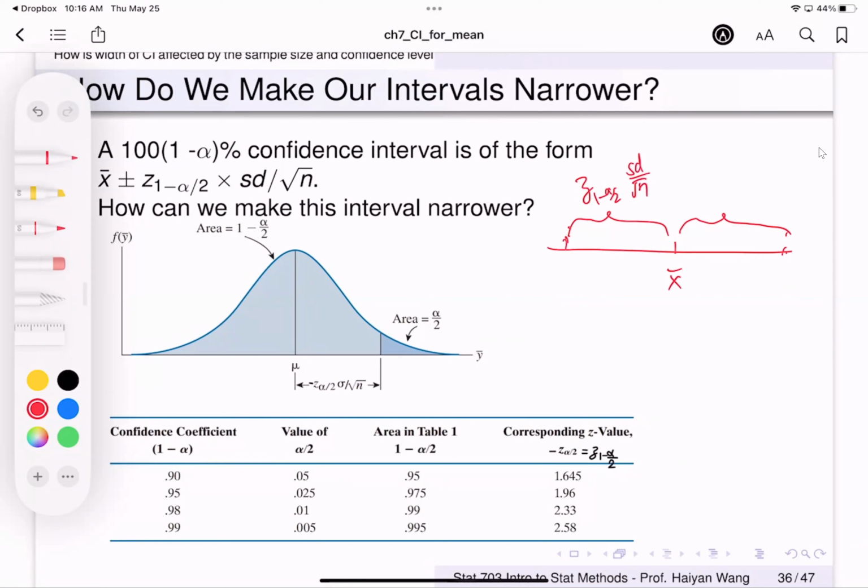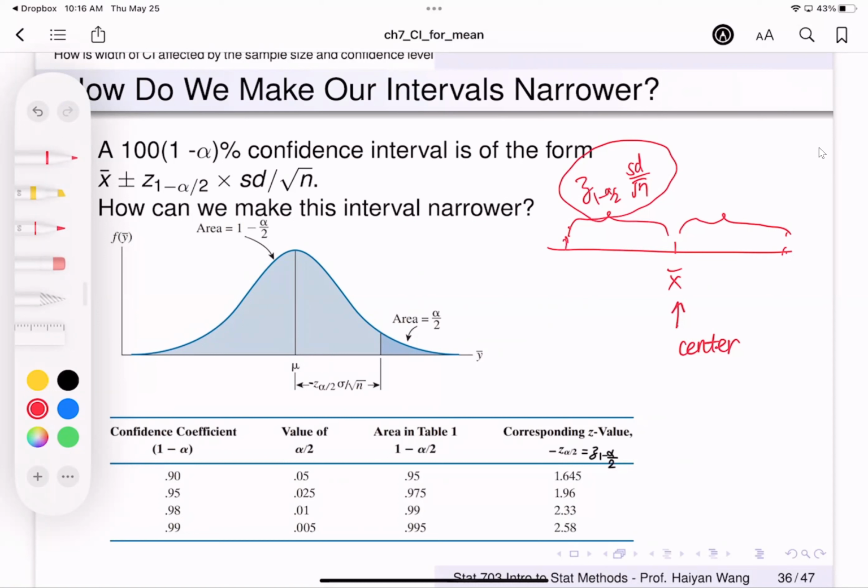Since the center is always staying as the average, if we want to make it narrower, we need to shrink this part. This term involves three quantities: the percentile z, the standard deviation, and the square root of n.